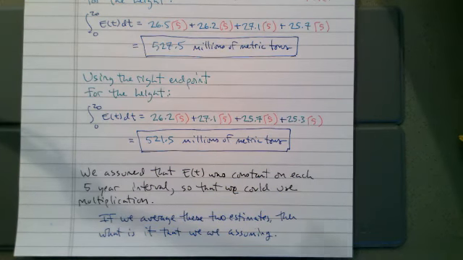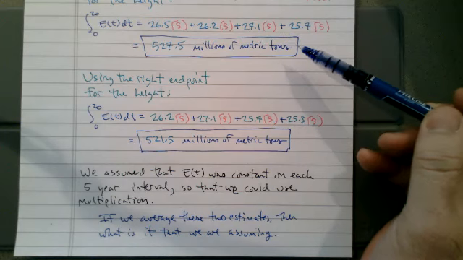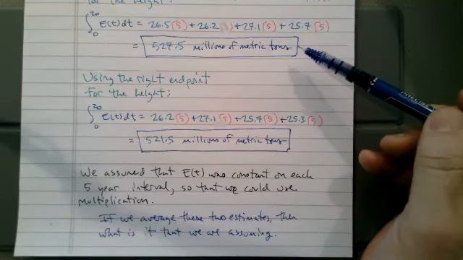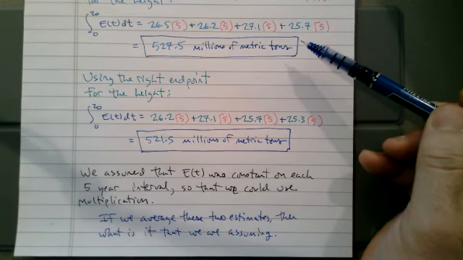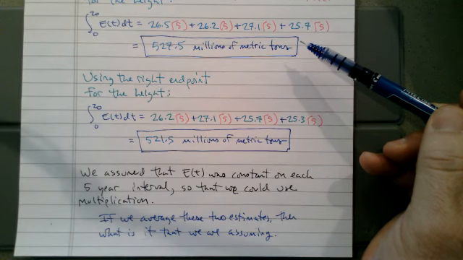Because based on this left-hand estimate, we're saying from 1970 to 1990, there were 527.5 million metric tons of nitrogen oxides emitted.